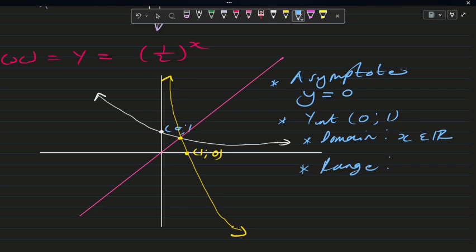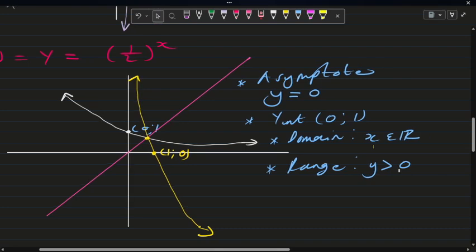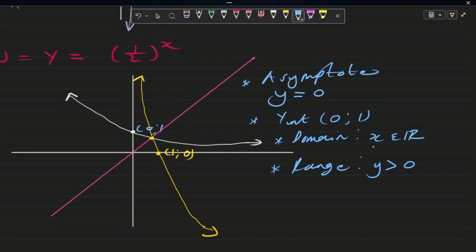The range of the graph is given by y is greater than 0. These features are the features of the white graph.